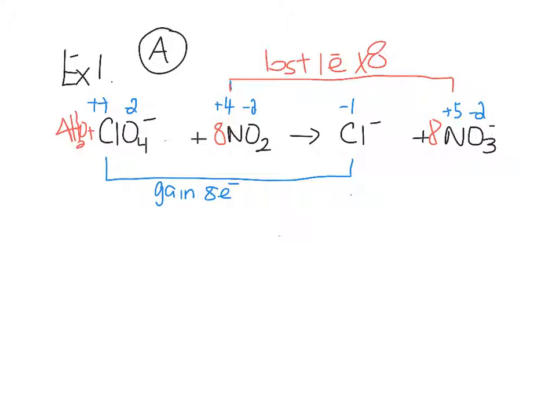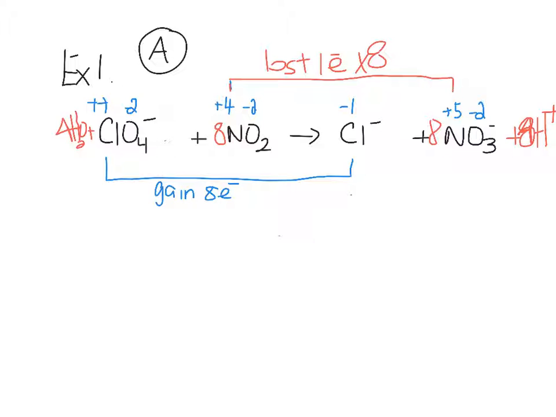We've got 4 waters. So how many H's do we have to add to the right-hand side? 8 H+. So now we should be done, so go back and check.